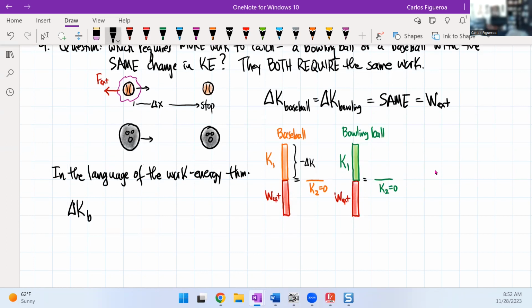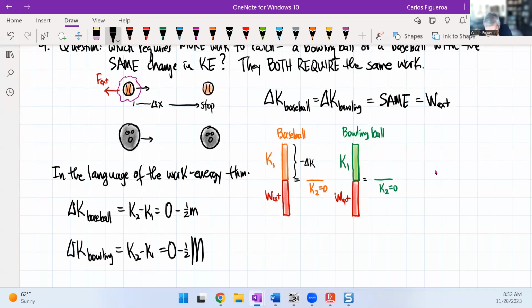So then the kinetic energy of the baseball, if this is 0, it's got to be K2 minus K1. This is 0. And this has to be the mass of the baseball. And then if I look at the kinetic energy of the bowling ball, and this has a larger mass, the only way K1 can be the same in each of these situations is if the velocity is higher for the baseball compared to the bowling ball.